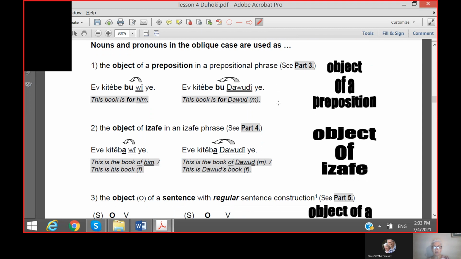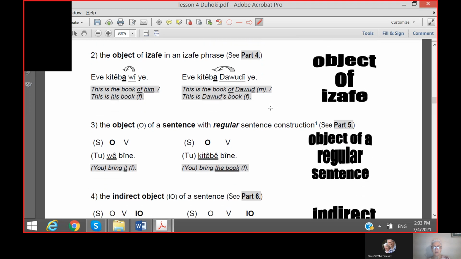The second usage of the oblique case is when it's the object of izafe. An izafe phrase is like kitabawi, his book, or book of him. Here we're using the pronoun we, because that's the oblique case pronoun for him or he.